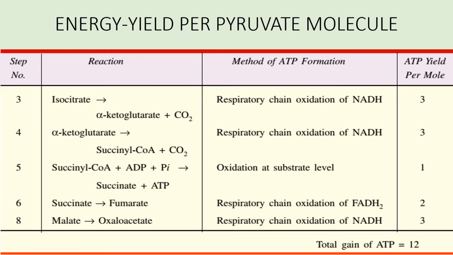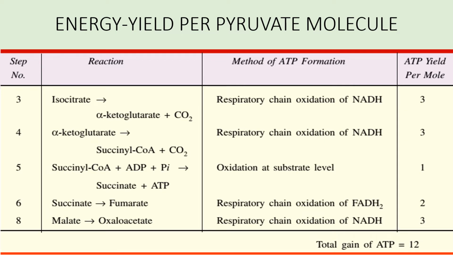The method of ATP formation involves the respiratory chain oxidation of NADH. The ATP yield per molecule in step number 3 is 3. Step number 4, where alpha ketoglutarate is converted into succinyl coenzyme A and carbon dioxide, by respiratory chain oxidation of NADH. The ATP yield in this step is also 3.